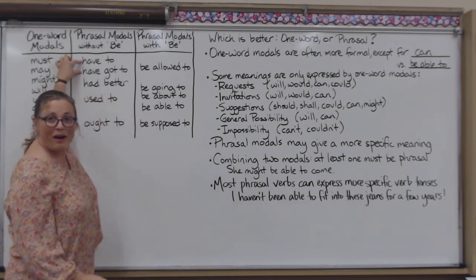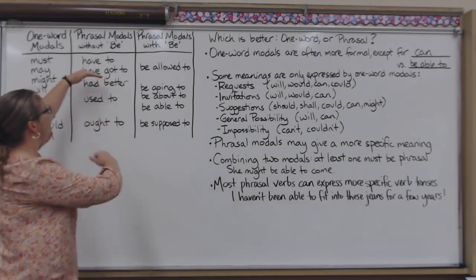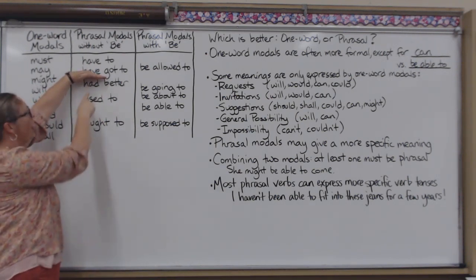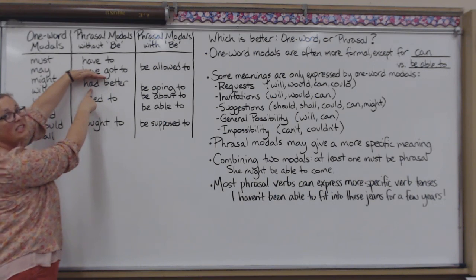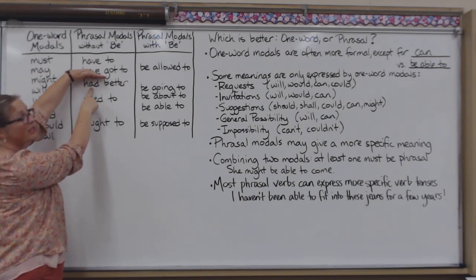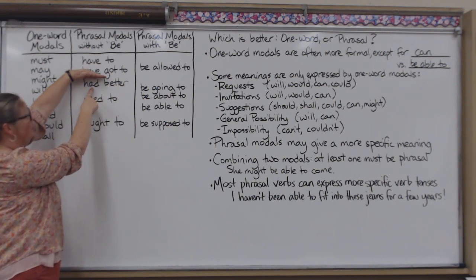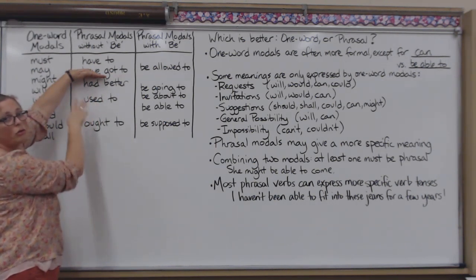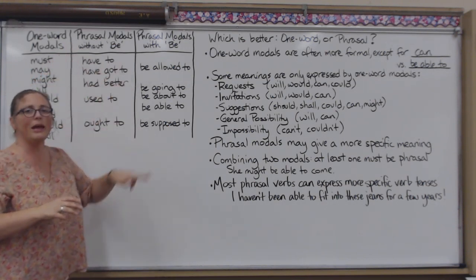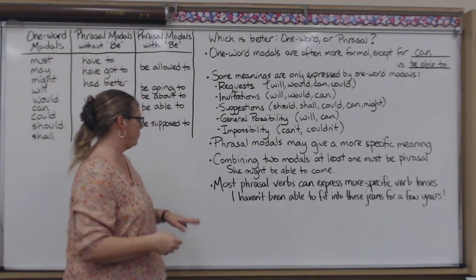Also, have can change. Now, be careful because these three cannot change. Had better, this is a present modal, by the way. It's not past, it's present. But it doesn't change. Used to, ought to, don't change. But have and be can go with all different verb tenses.